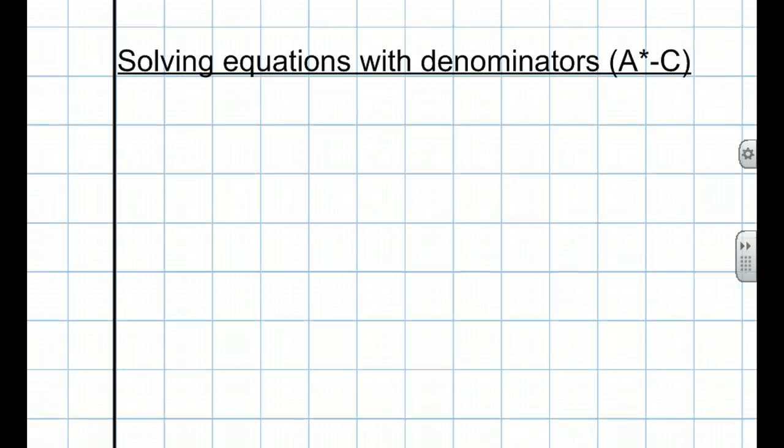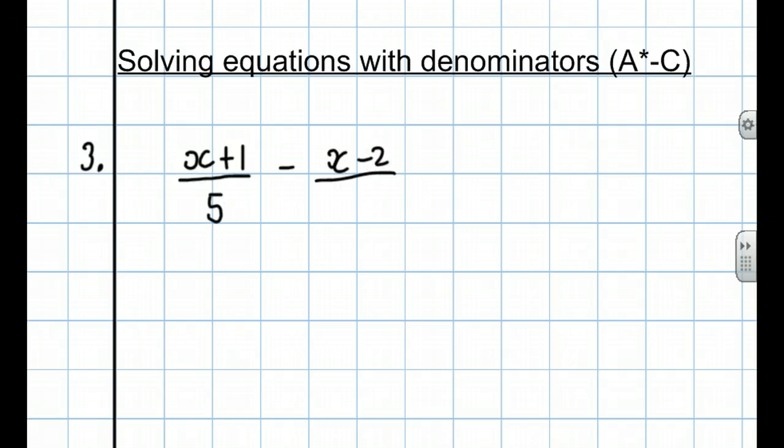Right, now let's start moving towards equations that are similar to the ones we're going to get in the higher paper. Here we go: x plus 1 over 5 minus x minus 2 over 3 equals 4. Now, the technique's slightly different here because I don't have a single denominator.